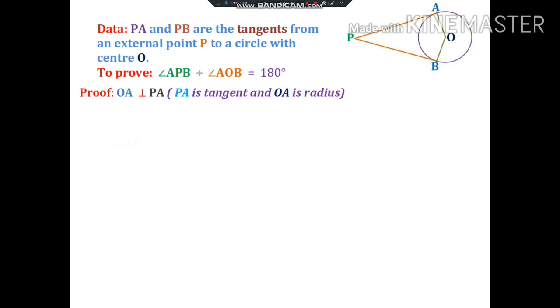Proof: OA is perpendicular to PA. The reason: PA is the tangent and OA is the radius. This is theorem 4.1. Therefore, angle OAP is 90 degrees.